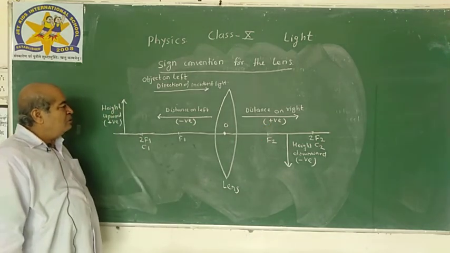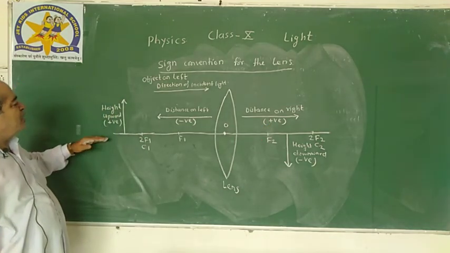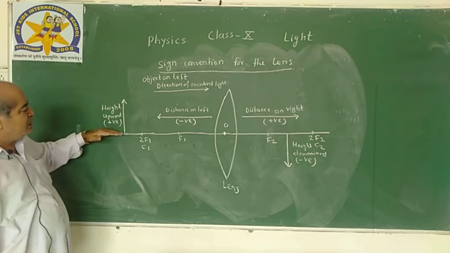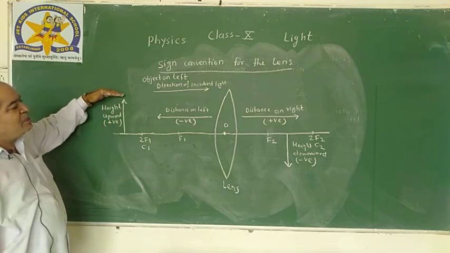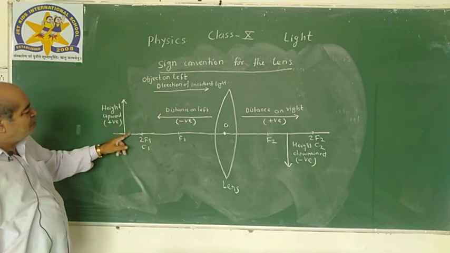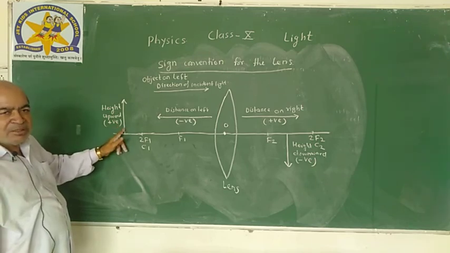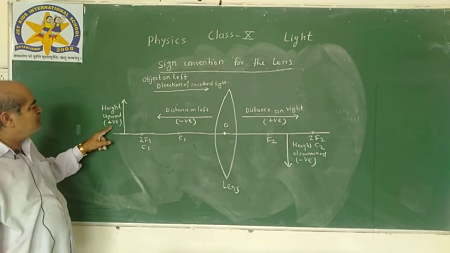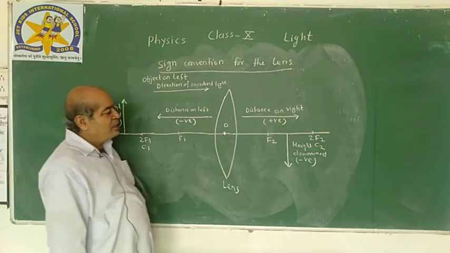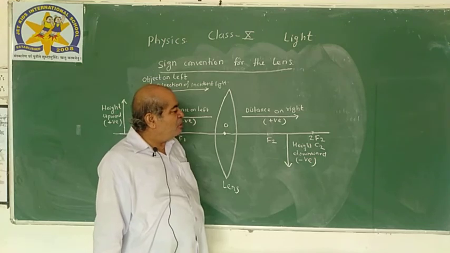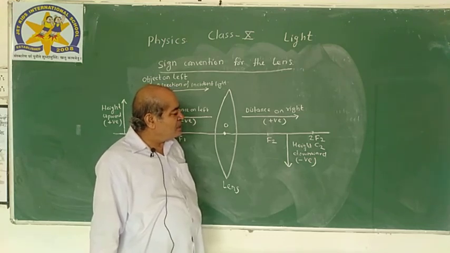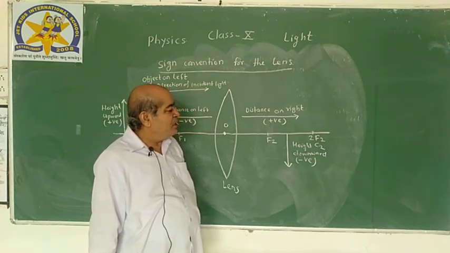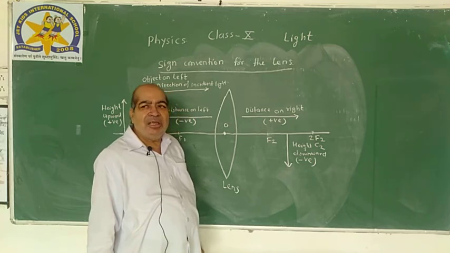Then the fourth rule is the height of the object above the principal axis and perpendicular to the principal axis is taken as positive, and the height measured below the principal axis is taken as negative.